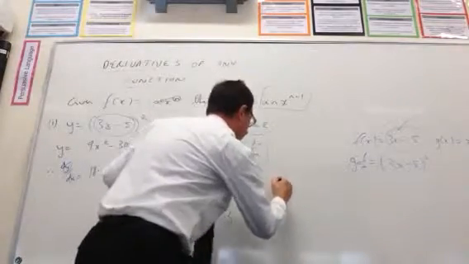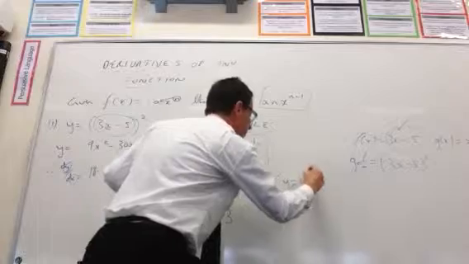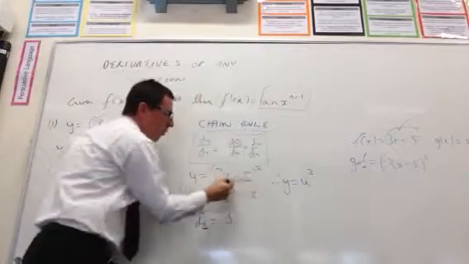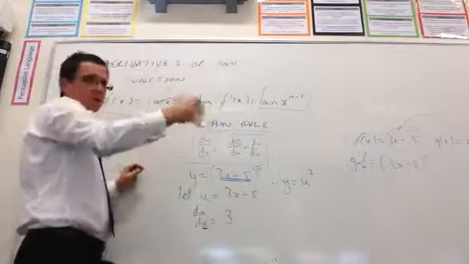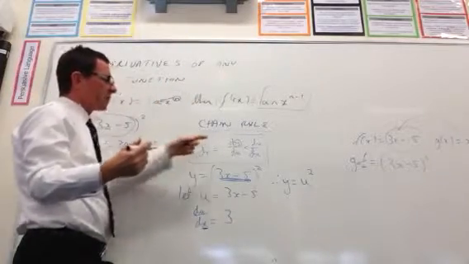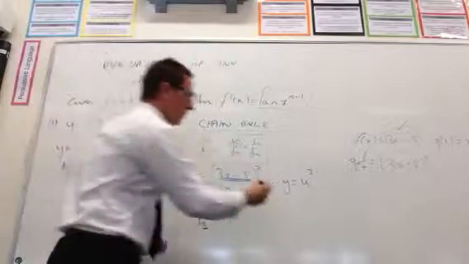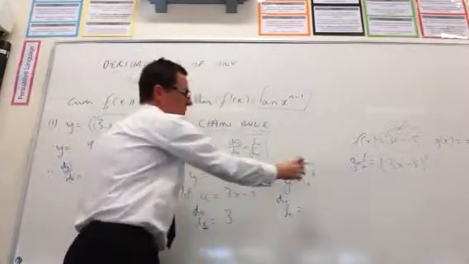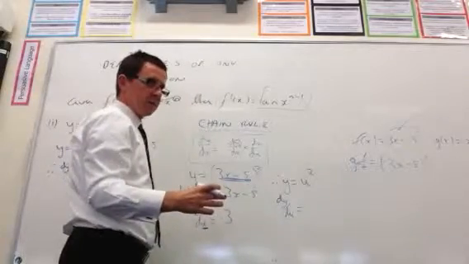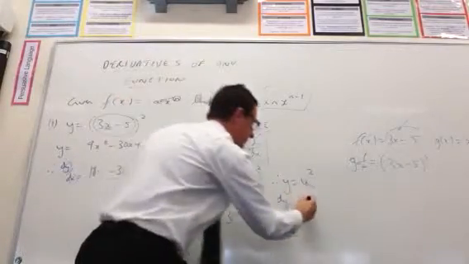So y equals u squared, because I called this thing u. The chain rule tells me to do dy/du. That means pretend you're doing calculus and you're looking at this only. What's the derivative of that? 2u.